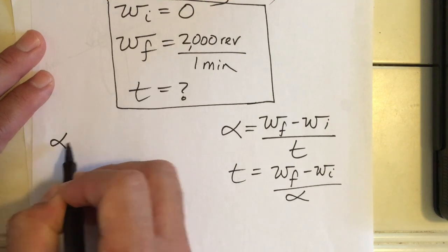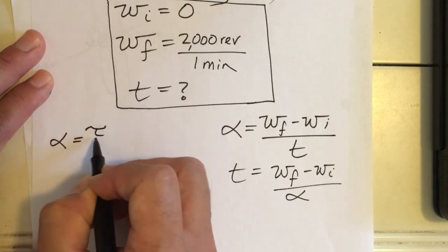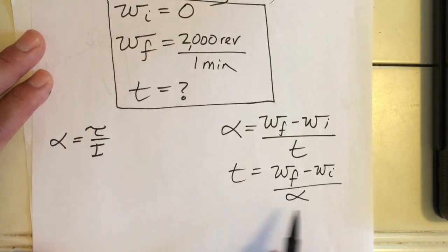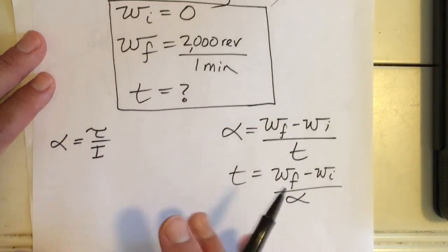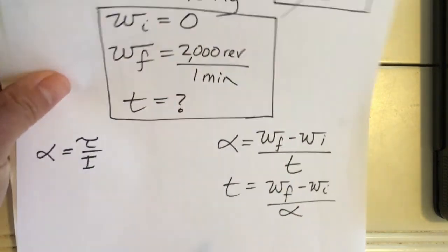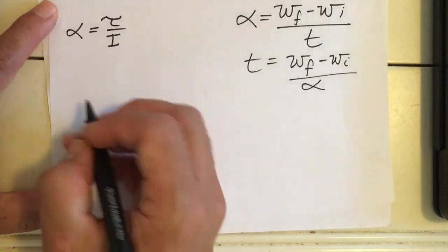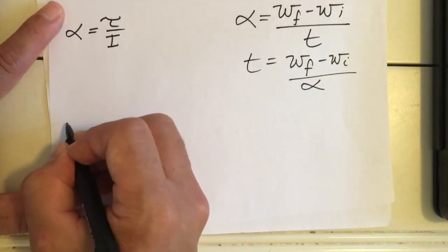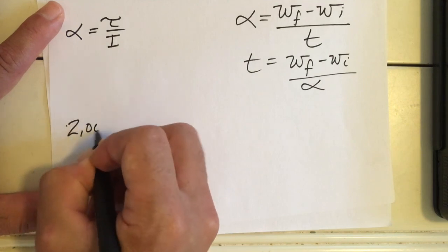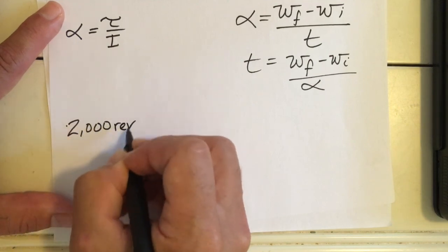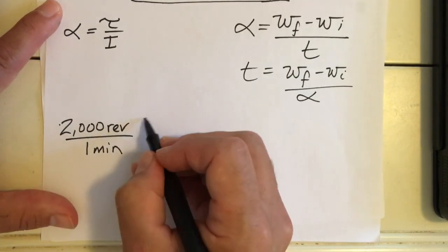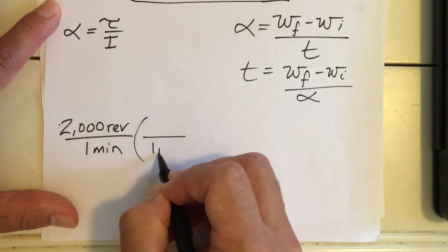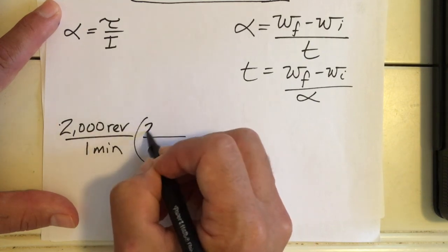We know alpha is equal to torque over moment of inertia, so we can get that. And we know omega f is equal to 2,000 revolutions per minute, but I think we can change that to radians per second. So let's start by doing that, right? Let's say we have 2,000 rev per 1 minute. Well, first of all, we want radians, and we know that 1 revolution is equal to how many radians? 2 pi.